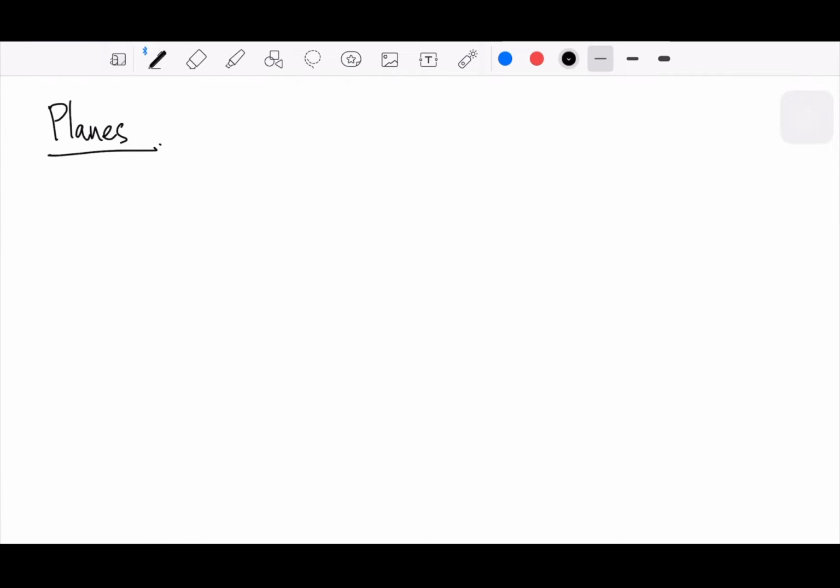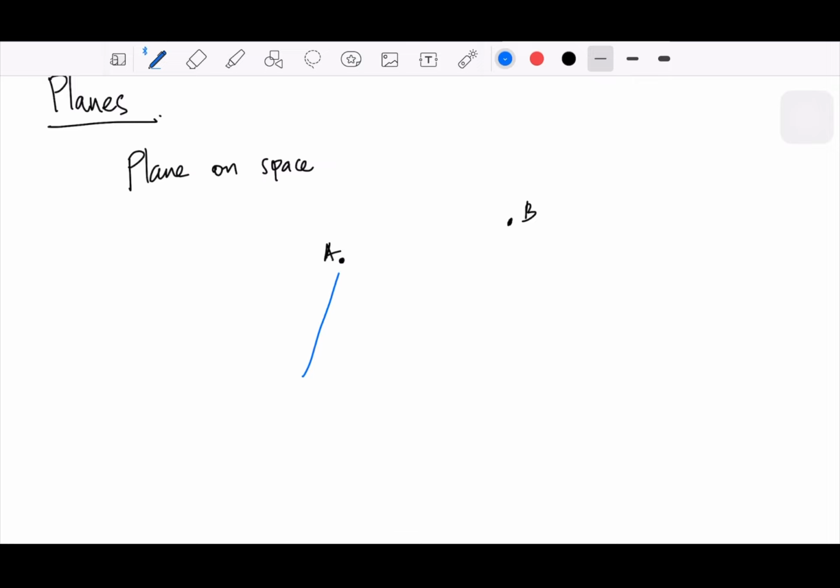So how do we describe a plane in space? How do we describe it in terms of some vectors, some positions? If we describe the positions like in a line, for example, we have A and we have B, and in both cases we can describe the vectors.